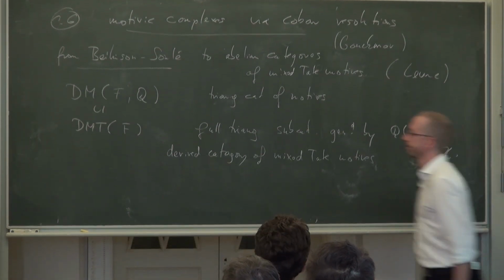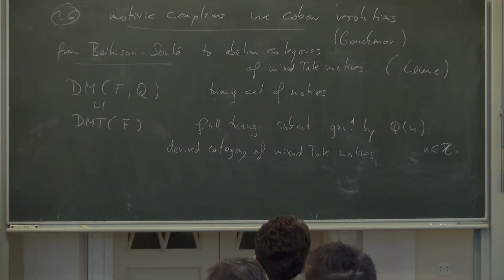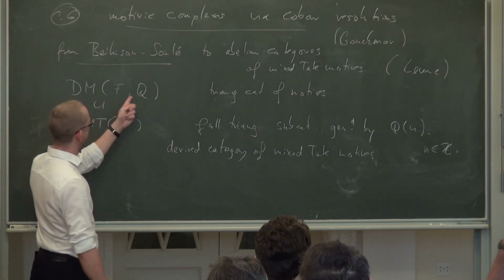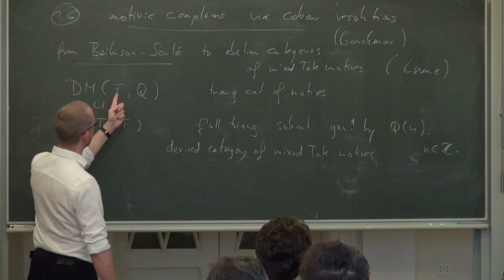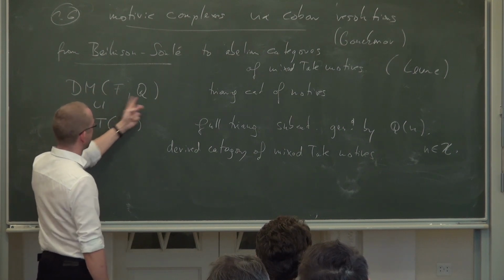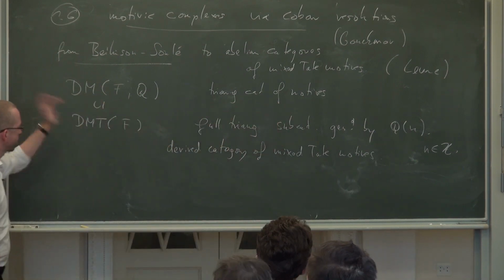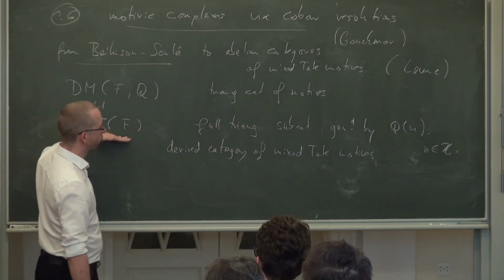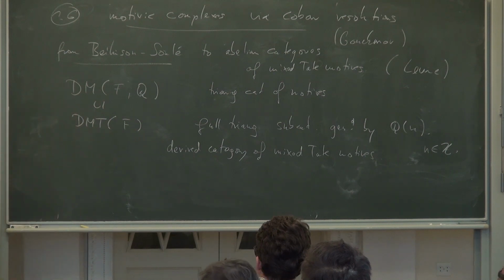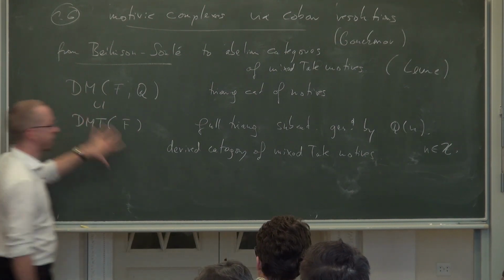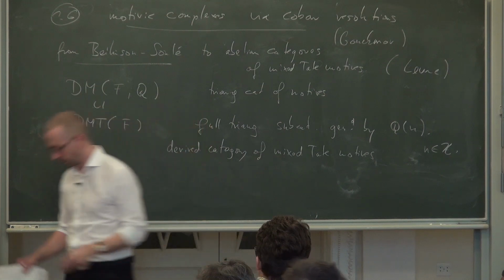Okay. Right. So you recall that I had mentioned this formula that you can compute motivic cohomology as morphisms between mixed Tate motives, Q(0) to Q(n) shifted by something, and this in particular means that you can also do the same computation in here. So morphisms in this DMT of F are essentially controlled by motivic cohomology.